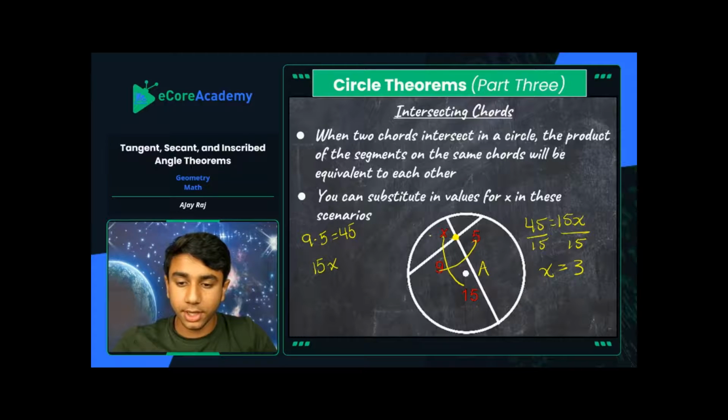So that's the answer, x equals 3. If we check that, 9 times 5 is 45, and 15 times 3 is 45. So right here, multiply segments. And then over here, I'm going to say show as equals.